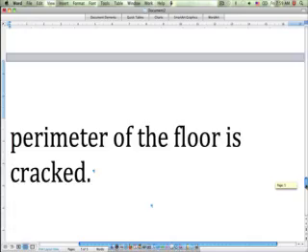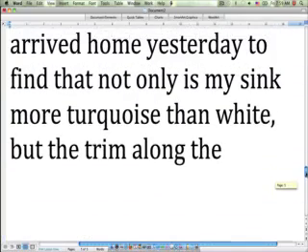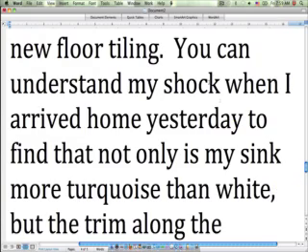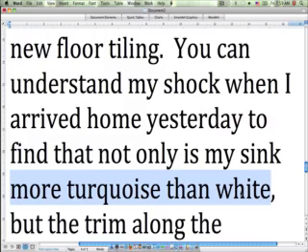Okay, so I'm just demonstrating a bit of vocabulary here to impress my examiner a bit. You can understand my shock when I arrived home yesterday to find that not only is my sink more turquoise than white, so here we're saying that the sink is not white, it is turquoise.